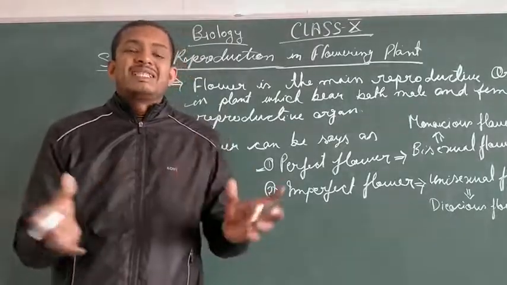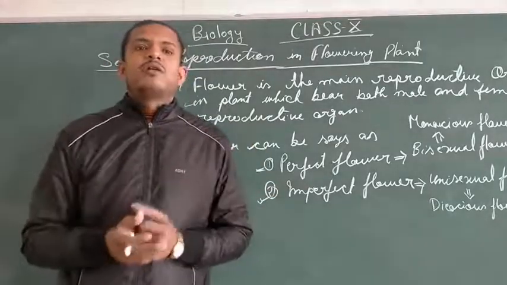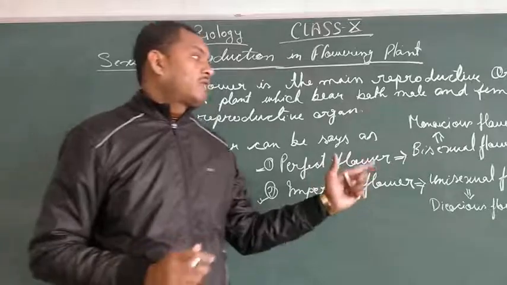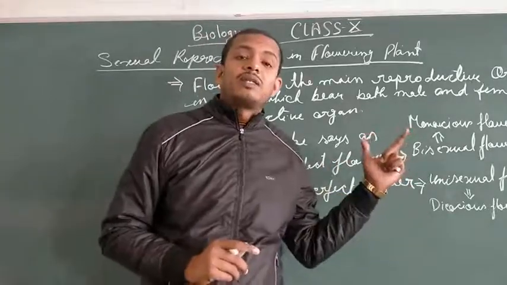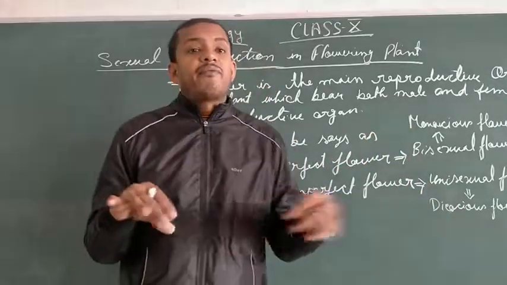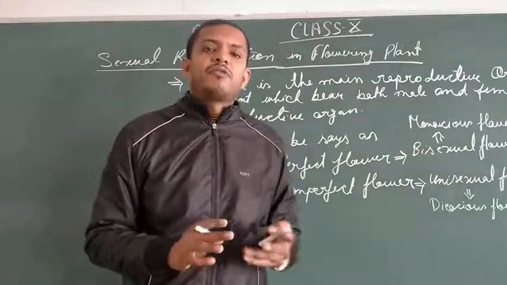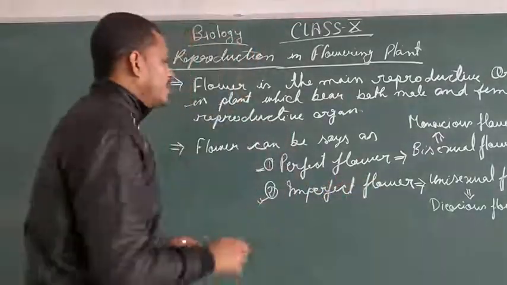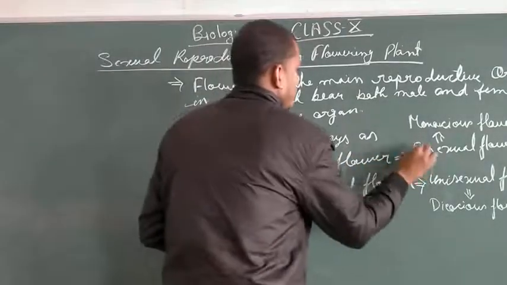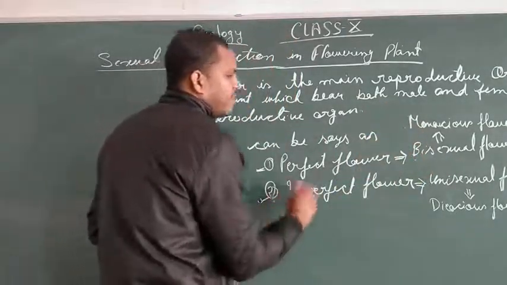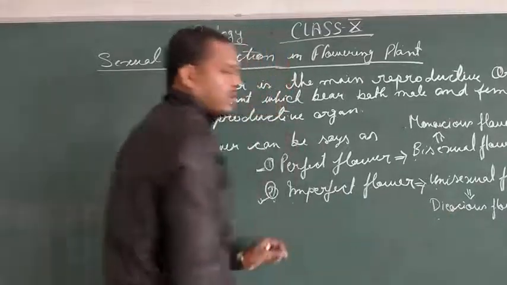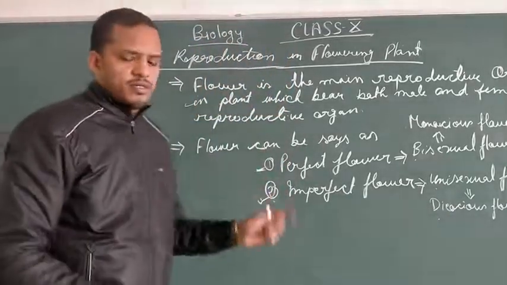In the single flower, both organs are present. Unisexual flower is also known as dioecious flower, meaning different flowers, two parts, one for the male and another separately for the female. Remember all these terms: perfect flower, bisexual flower, monoecious; imperfect flower, unisexual flower, dioecious. These are the terms you need to understand.